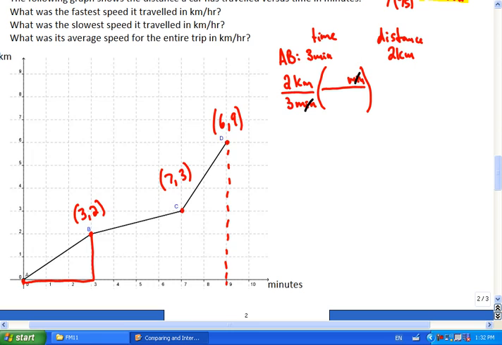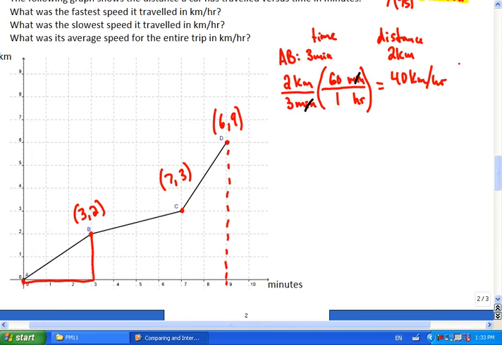What units would I like in the bottom if I don't want minutes? Hours, right? Kilometers per hour, yeah. So all I need now is the relationship between minutes and hours. 60 minutes for 1 hour. Okay, so let's see what the speed would be. It's going to be 40 kilometers per hour.